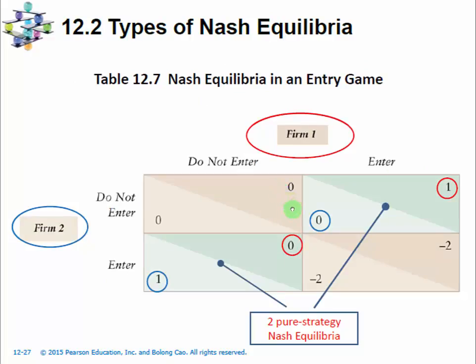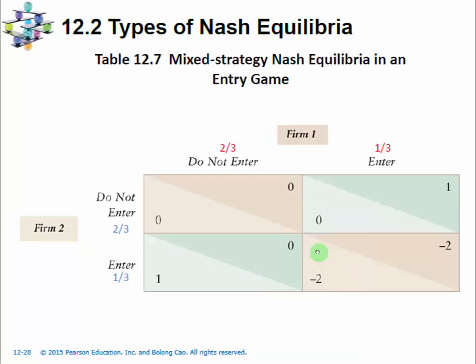So now this game has 2 pure strategy Nash equilibria and 1 mixed strategy Nash equilibrium. The story is still that what kind of Nash equilibria we can get depends on the structure, the properties of the payoff matrix.